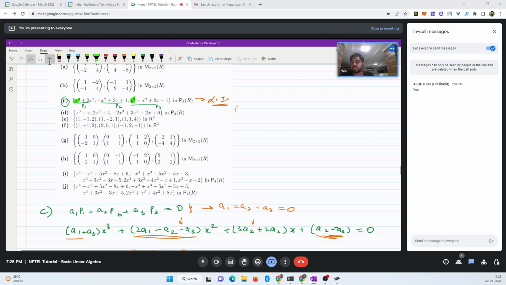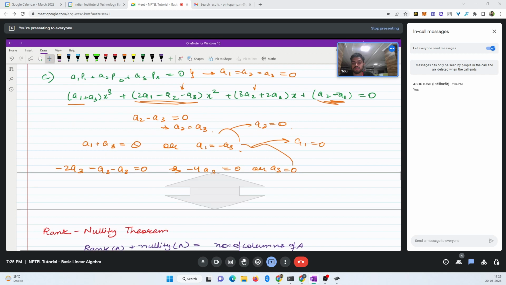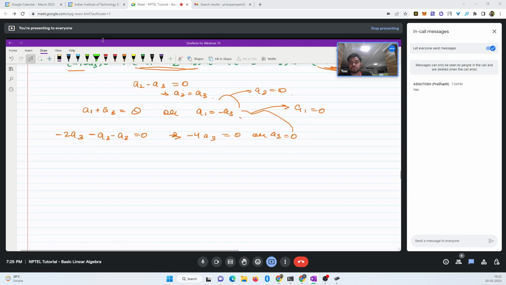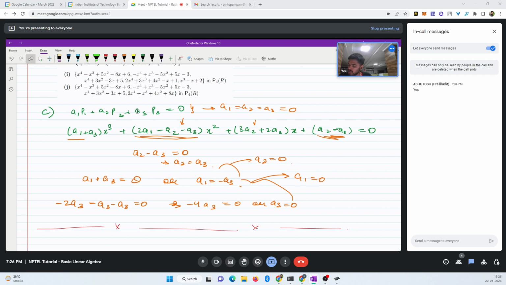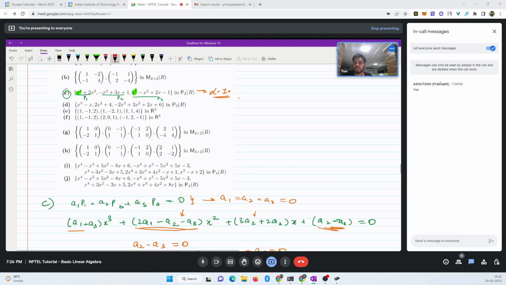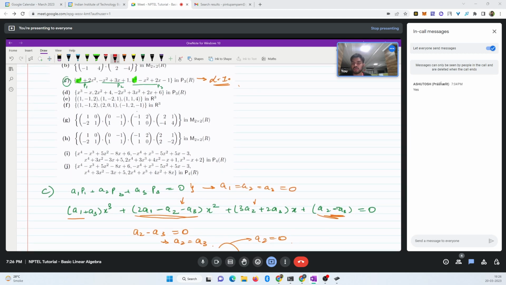So we can try one more example. We are given three polynomials: x cube minus x plus 2, x square plus 4, and minus 2x cube plus 3x square plus 2x plus 6.